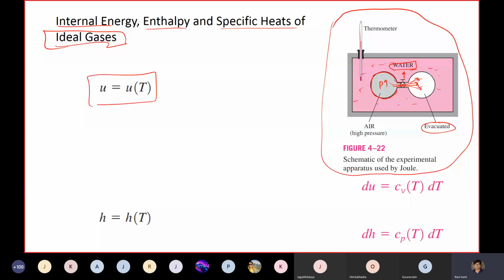He saw no temperature change in water. So in this process, there was no heat interaction of any sort, and the temperature remains constant.